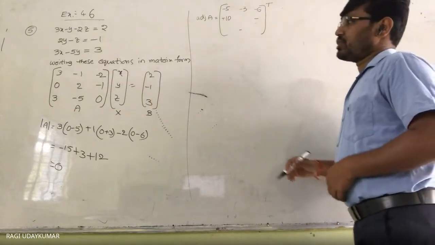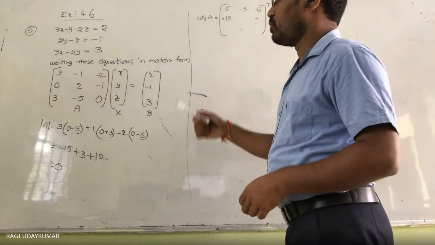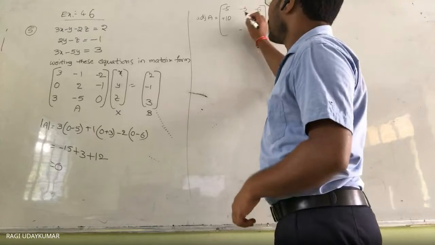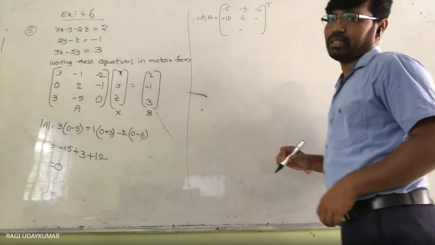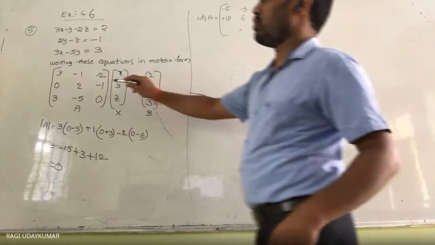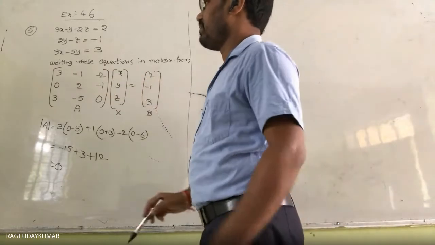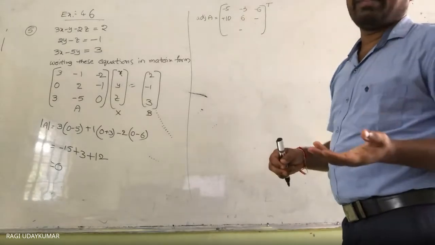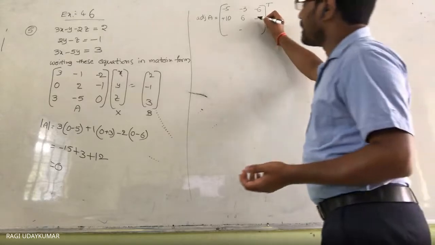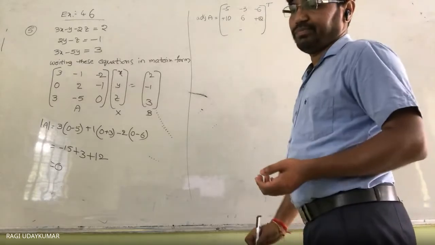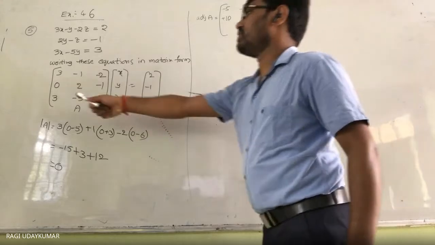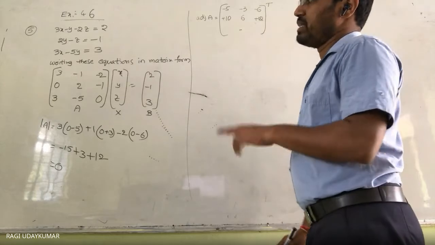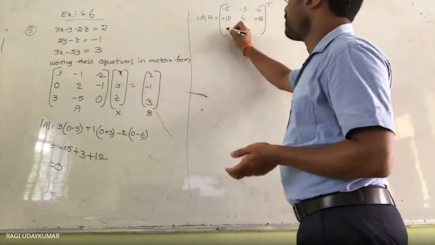Next, this row, this column, 0 minus of minus 6, 0 plus 6, is nothing but 6. Next, deleting this row and this column, minus 15 plus 3, minus 12, and with the minus already there we get plus 12. Next, for this element, 1 plus 4 is 5.